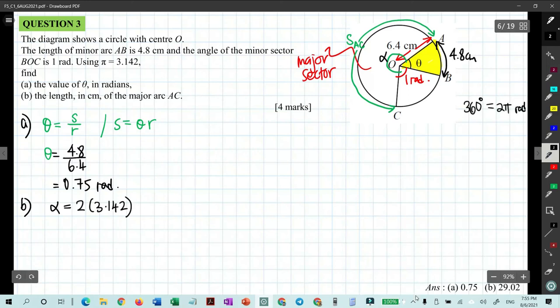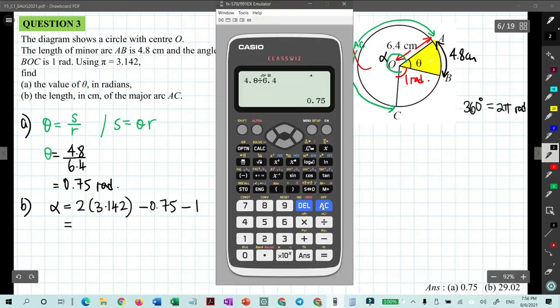So the angle at the center, I mean the whole center, is actually 360 degrees, which is equivalent to 2 pi radian. So I'm going to take that value and then minus the angle theta, which is 0.75, and then minus the angle for the minor sector BOC, which is 1.